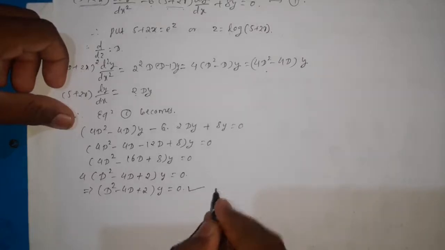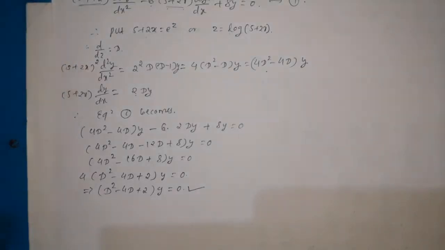Now this equation looks like a linear differential equation with constant coefficients. Once we get this equation, it is very easy to solve: consider the auxiliary equation, find the roots, and then write the corresponding complementary function.